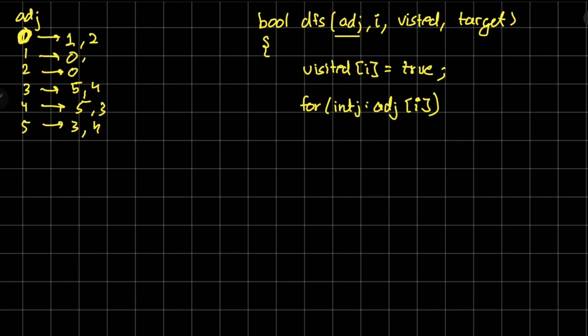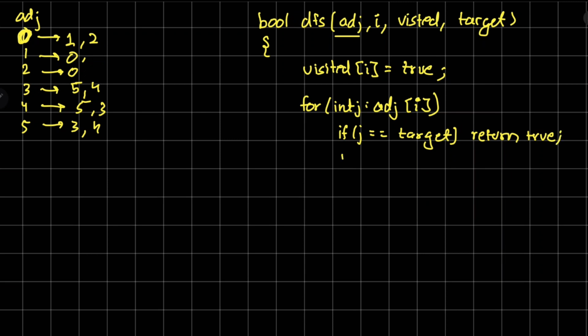Now for int j across adj of i, what we will do is check if the j, the neighbor, is equal to our target. This means we have reached the destination. So what we have to do here is return true, as the path exists.